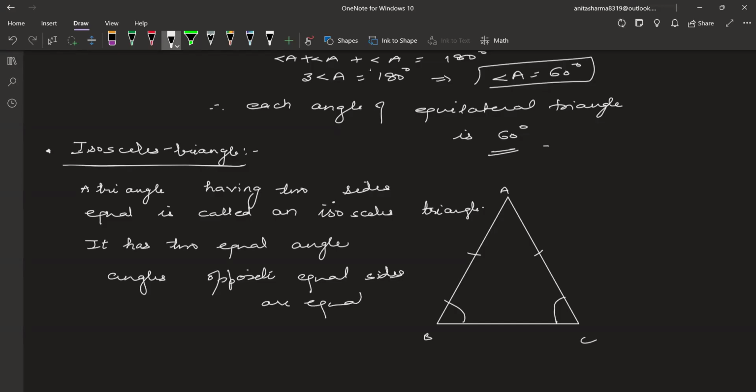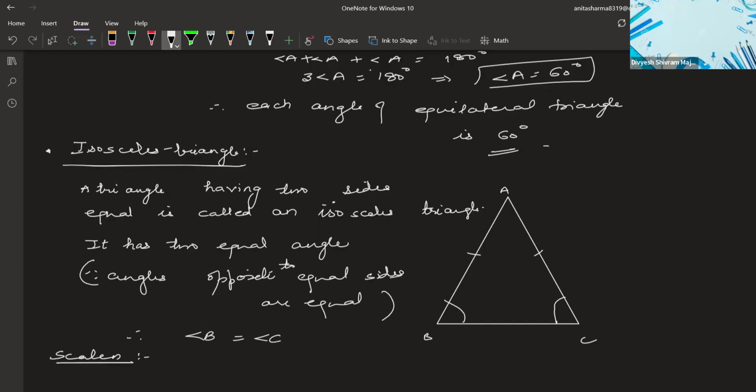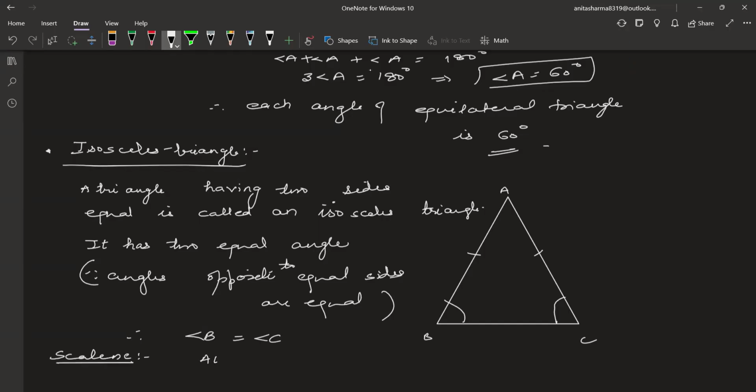This is the theorem, okay? Therefore, angle B is equal to angle C. Clear, beta? Please note it down. And what is a scalene triangle? Ma'am, a triangle whose all sides are unequal. Yes, all sides are different, right?